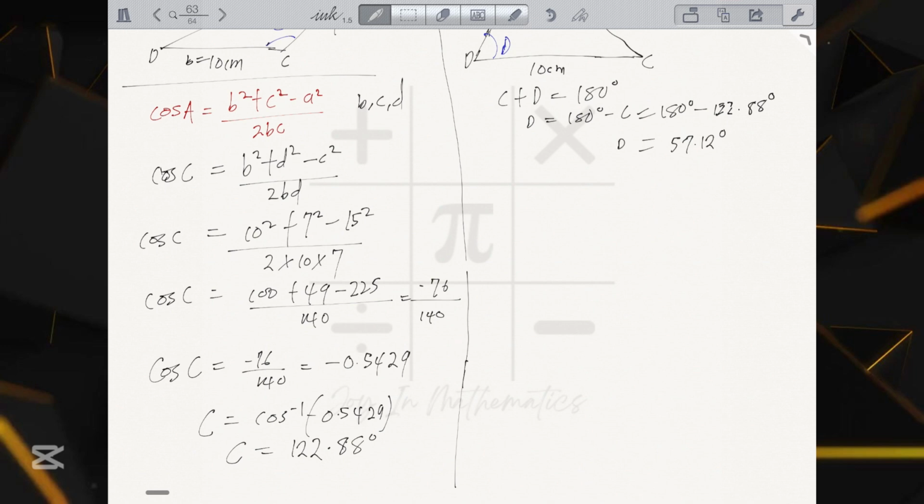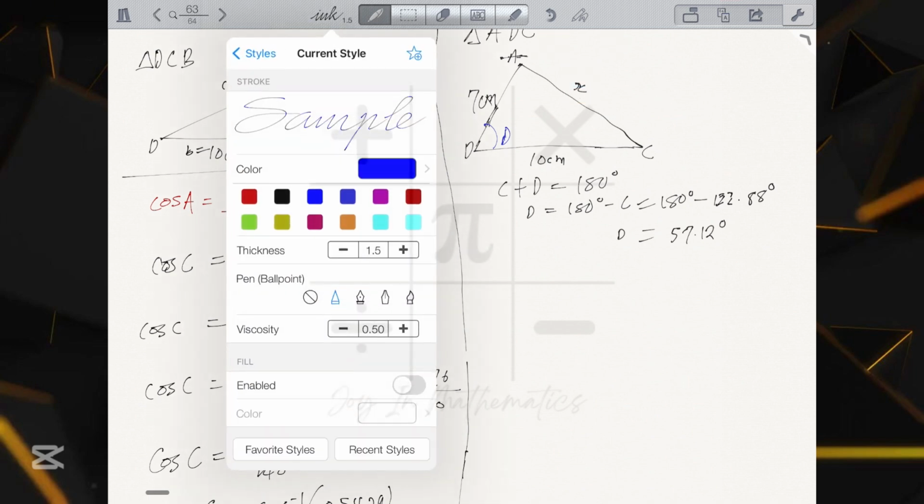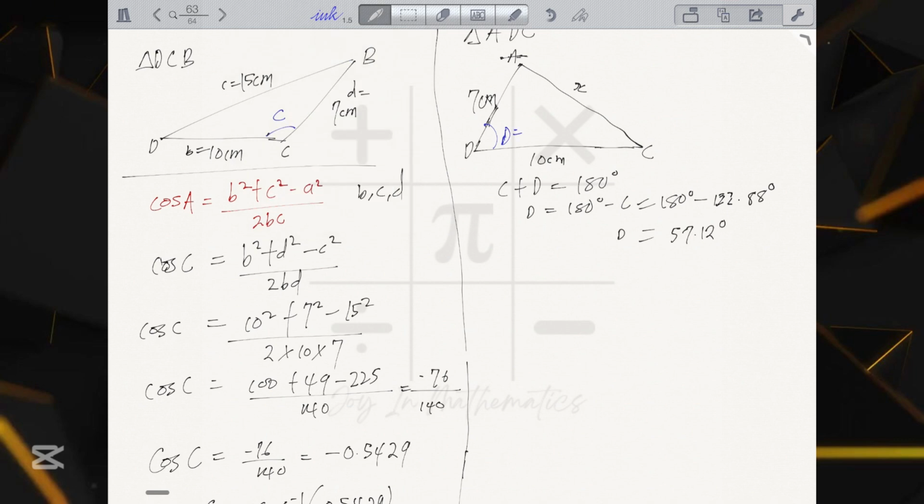So moving on, we can now find the value of X, because now we simply have two sides and an angle, which tallies with what we need for using the cosine law.